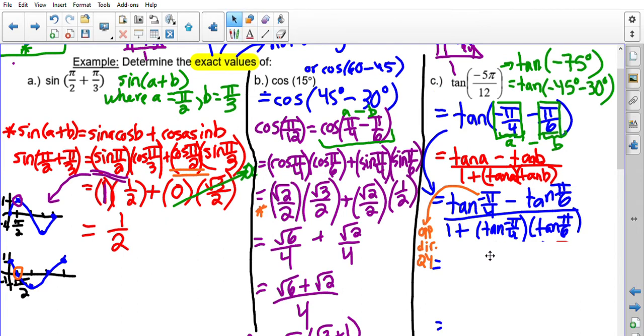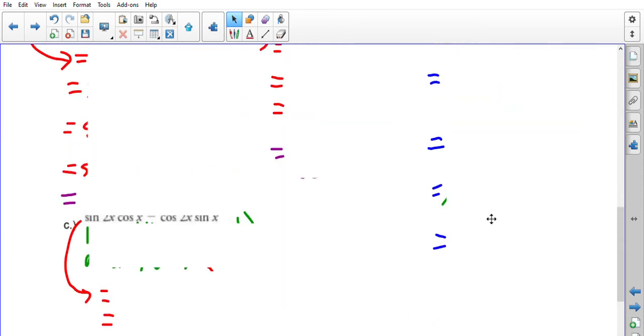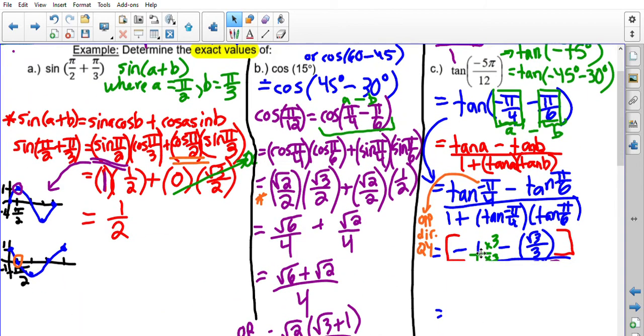So therefore, I just found out, okay, so just look at the blue here. I just found out that tan of negative pi over 4 is equal to negative 1. Okay, so just look at that blue part for now. Okay, so actually let me see if I can write that in here to make that easier. Therefore, tan is negative. Okay.